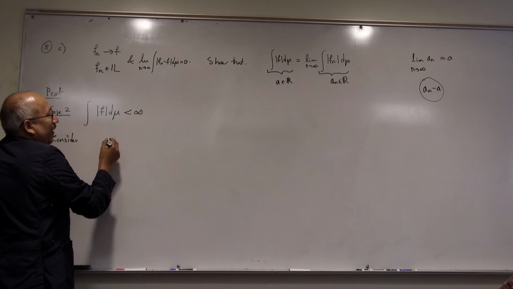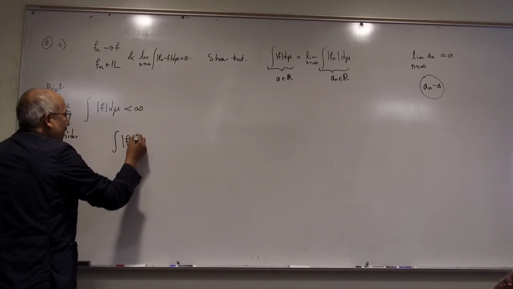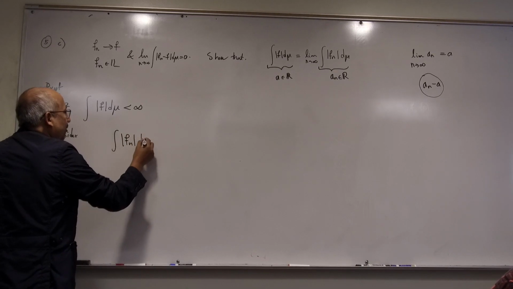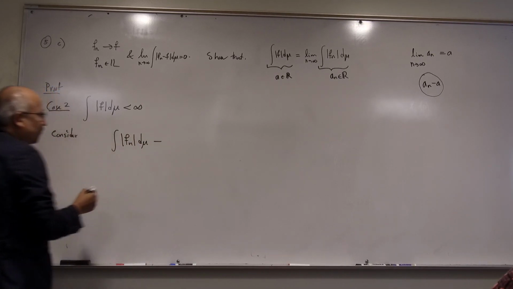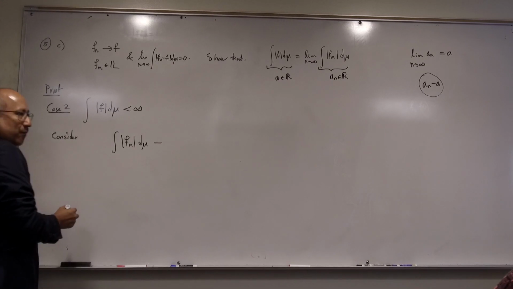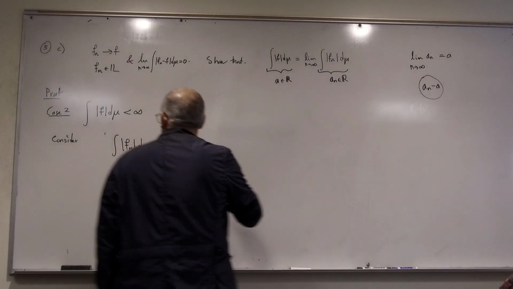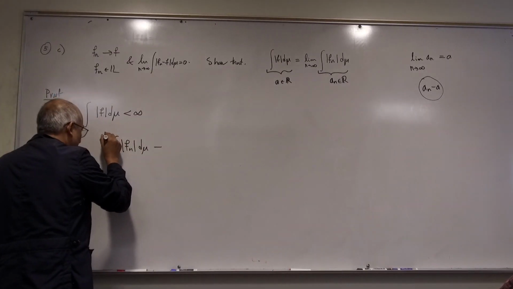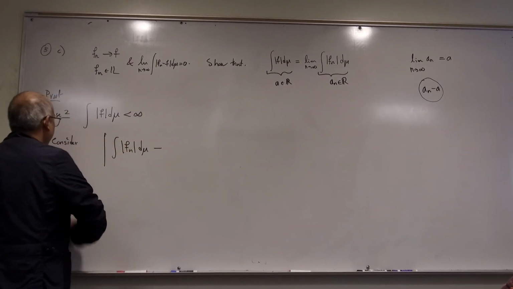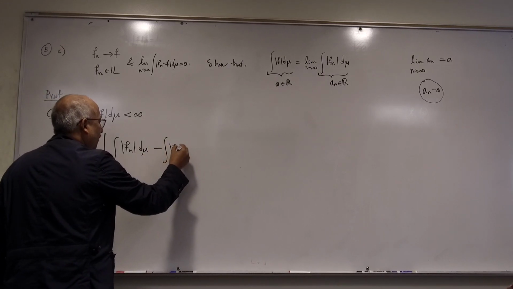It's the integral of f_n d mu minus the integral of the absolute value, actually I want to consider this absolute value minus the integral of f.